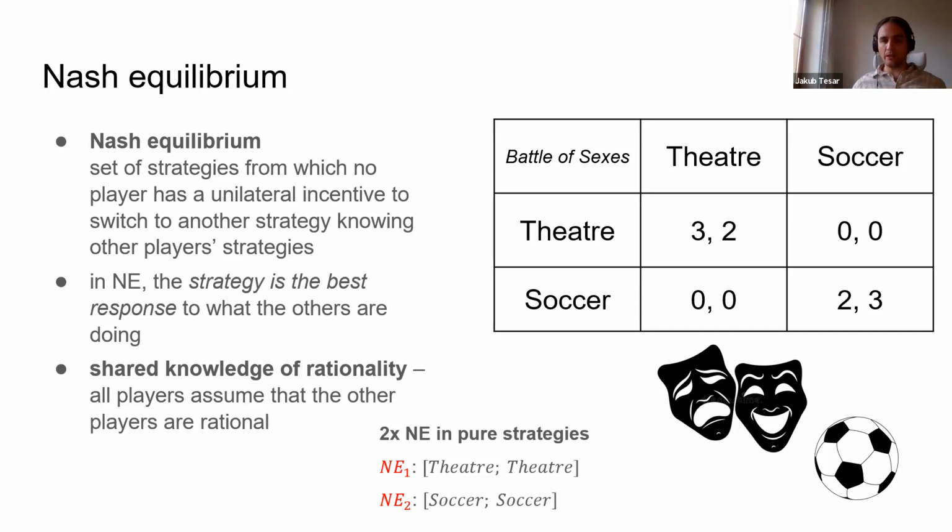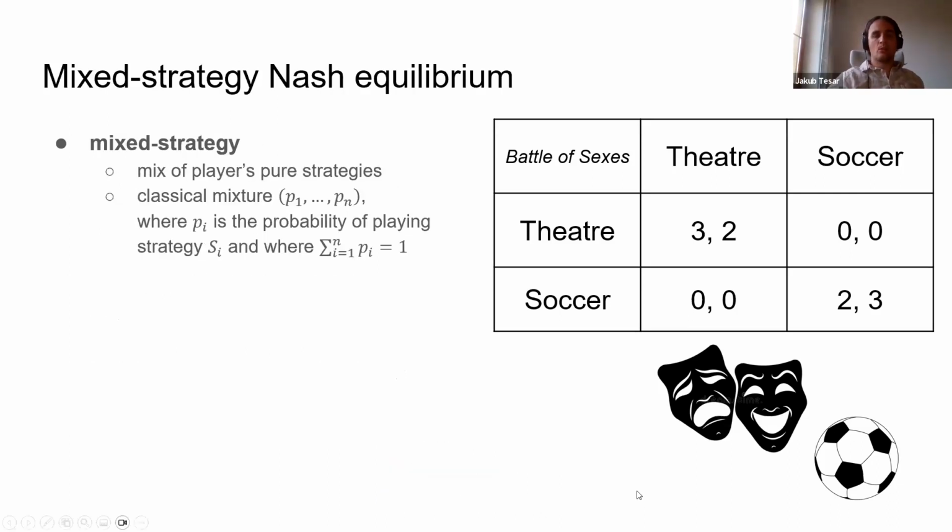Nash equilibrium, the concept, is not limited to pure strategies, which you may once again be familiar with. There is a so-called mixed strategy Nash equilibrium. So even in the classical games, we can think of players mixing the pure strategies, meaning that they will play strategy A with some probability and strategy B with another probability.